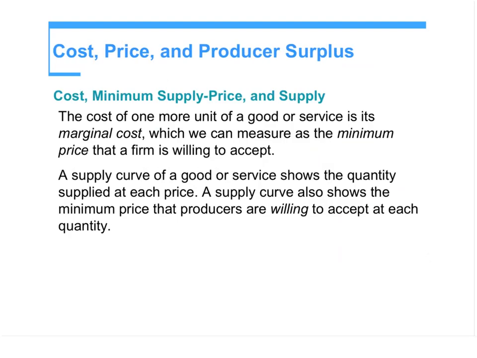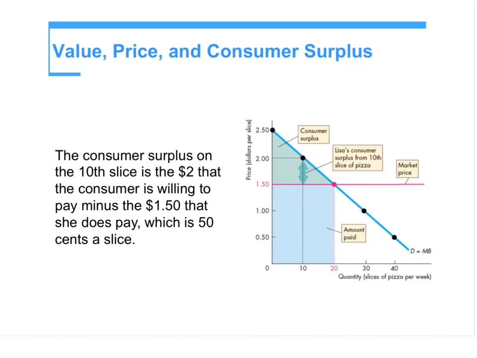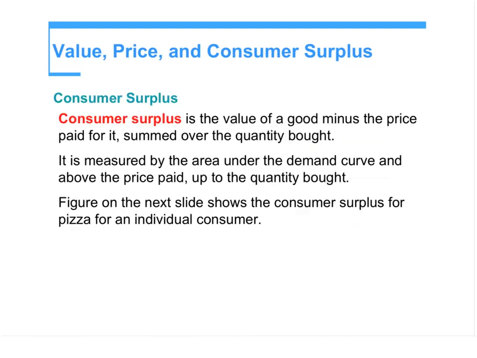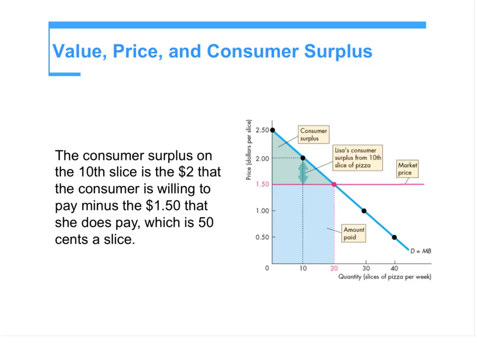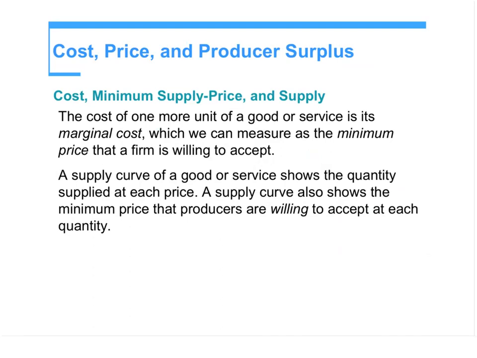Cost, minimum supply price, and supply. The cost of one more unit of a good or service is its marginal cost, which we can measure as the minimum price that a firm is willing to accept. So the cost on the other side is the minimum that the firm is willing to accept.